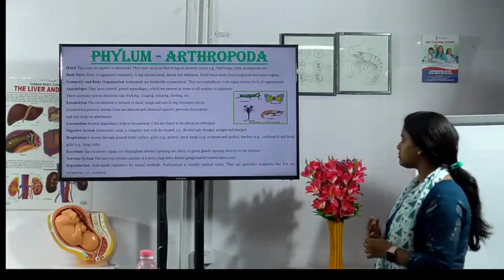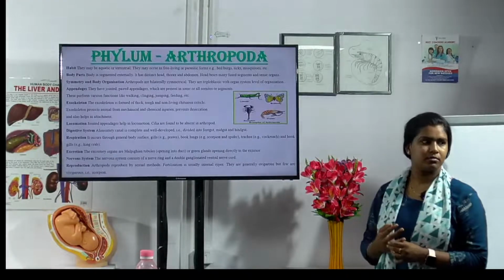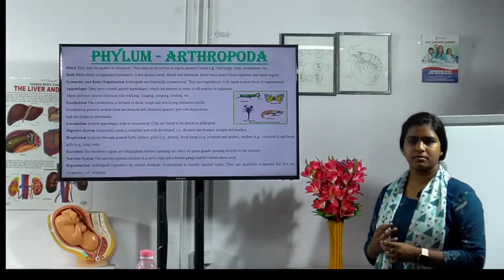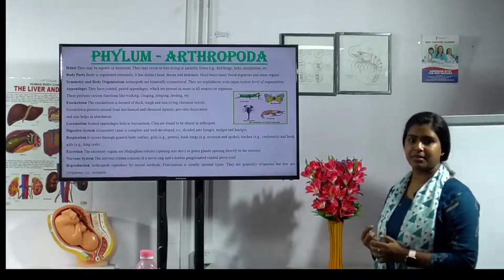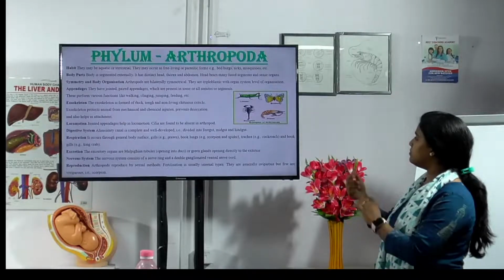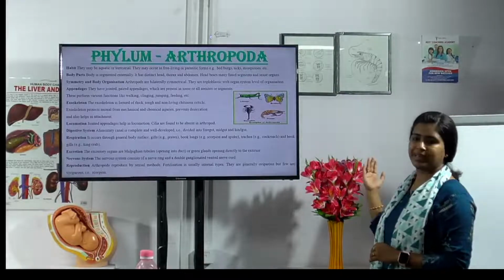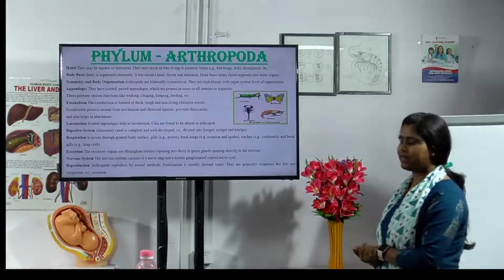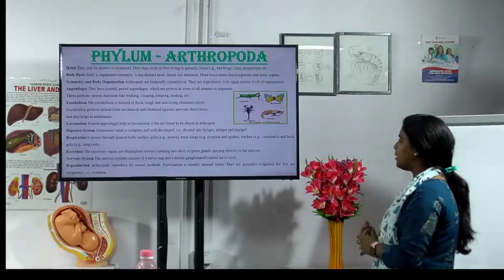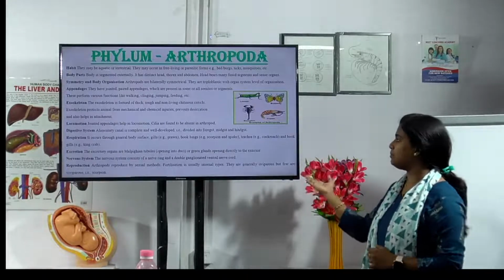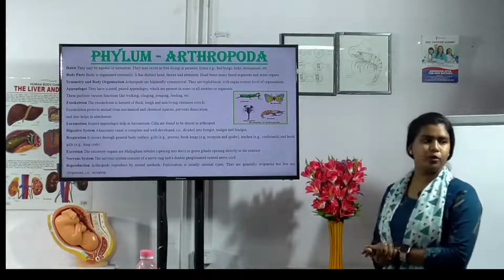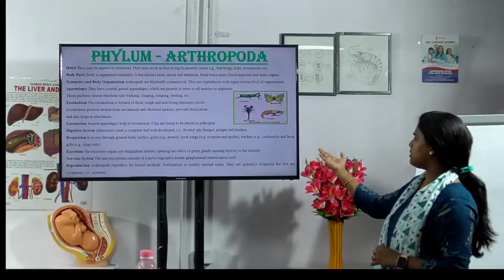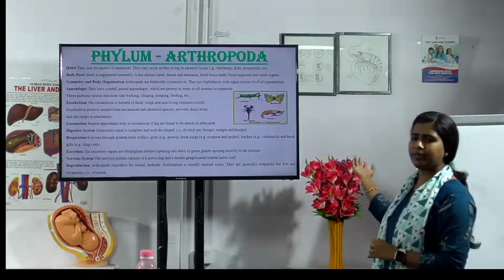Gills are for breathing, not for swimming. Book lungs are in scorpion and spider, trachea in cockroach, and book gills in king crab. Excretion: the organs are Malpighian tubules opening into a duct, and they also have green glands opening directly to the exterior.